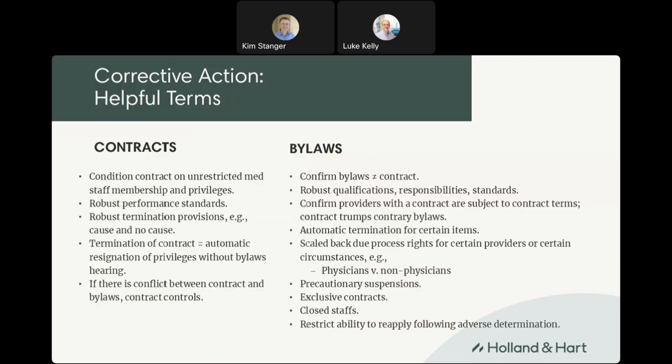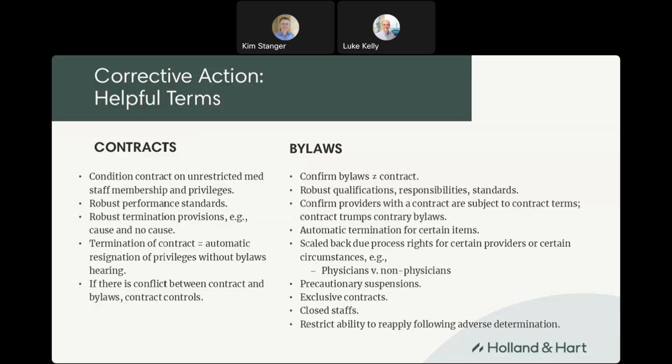And most importantly, you'll want to include a provision that termination of the contract constitutes an automatic resignation of the privileges without the bylaws hearing. So the provider, by signing the employment contract, waives any due process rights that otherwise might appear in the bylaws. And you'll want to have a provision in your contract that confirms that to the extent there's a conflict between the contract and the bylaws, the contract provisions apply.